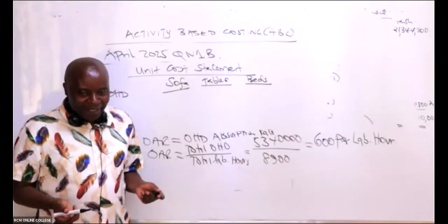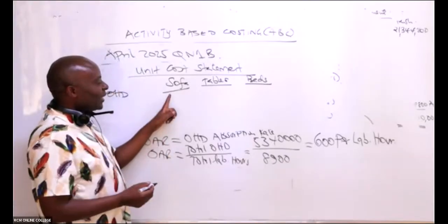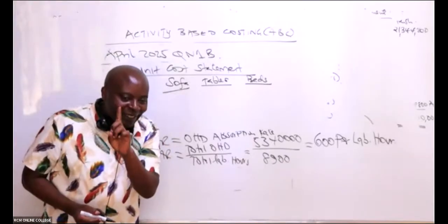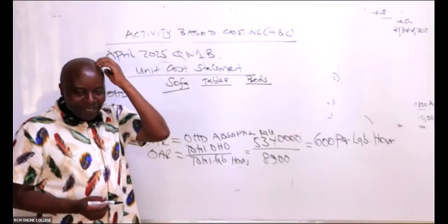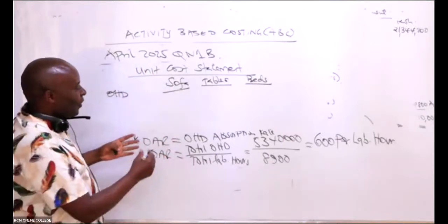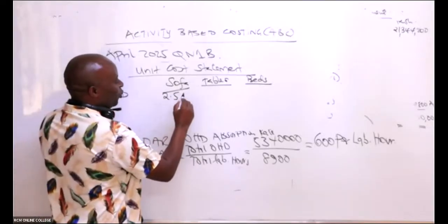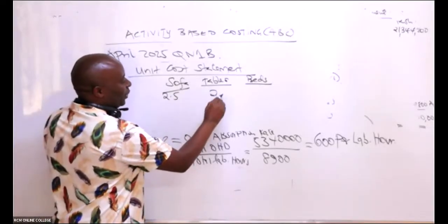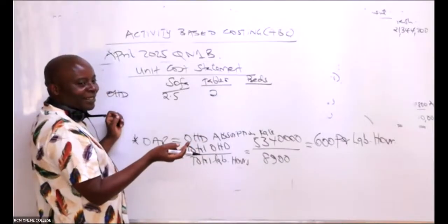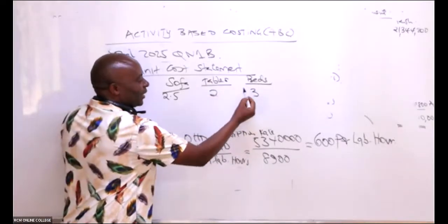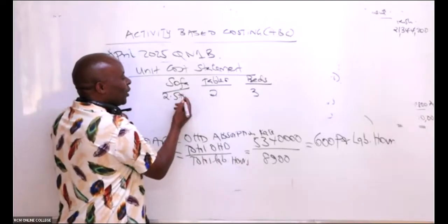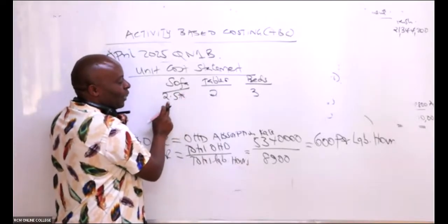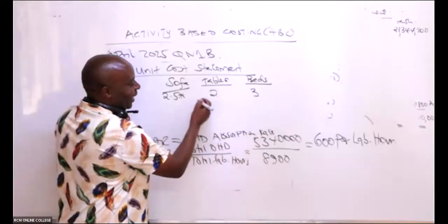Labor hours. So in this case we take the labor hours needed to make one sofa. How many hours do you need to make one sofa? It's given there: 2.5. Tables, you told me we need 2 hours to make one table. And then beds, how many? 3 hours. Do we know how much in terms of overhead it will cost us to make a sofa per hour? Yeah, 600.